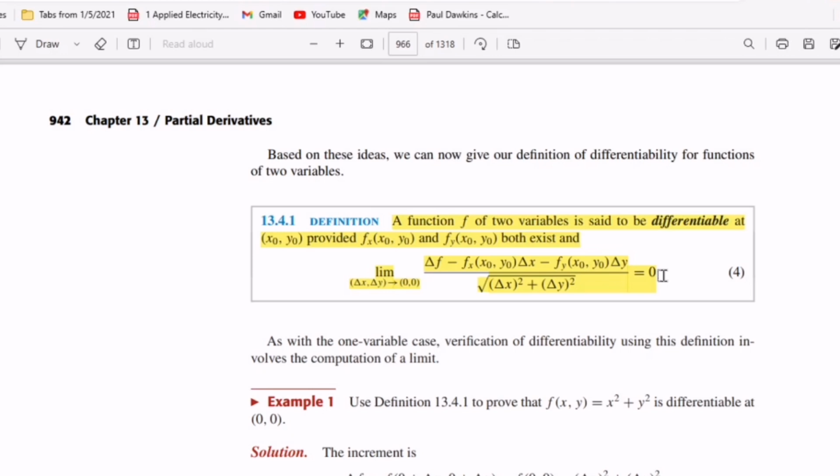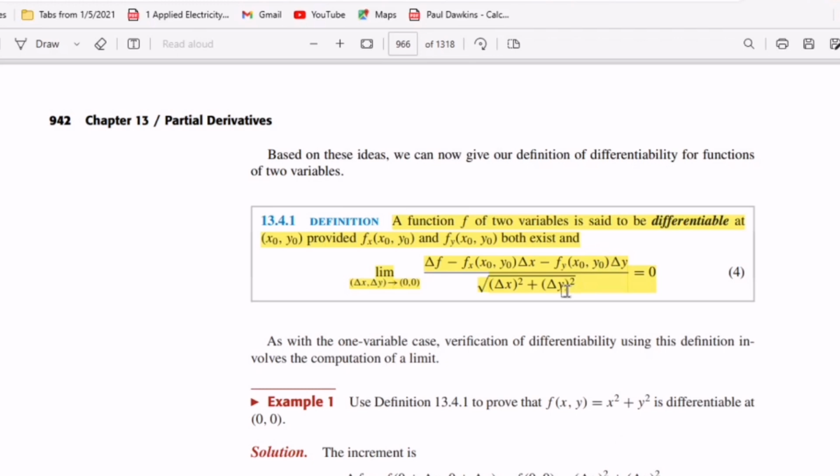So when you take them and you insert the values, you should get a value, which means that they should exist. So per this, the limit as change in x and change in y approaches 0, of the change in the function minus the partial derivative of the function with respect to x, you've inserted it, times the change in x, minus the partial derivative of the function with respect to y, you've inserted x naught and y naught, times the change in y, all over the square root of the change in x squared plus change in y squared, should be equal to 0.